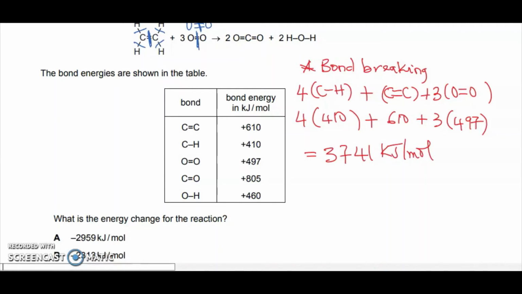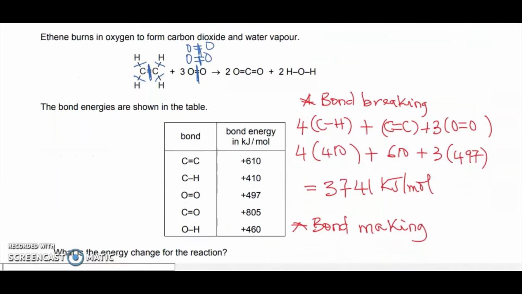And like we know, this occurs in the products. So let's now tackle bond making, in the products. So let's see what we are doing here for the bond making. Here we are making actually one oxygen carbon bond, one oxygen. So we have two, but remember there is a two here.